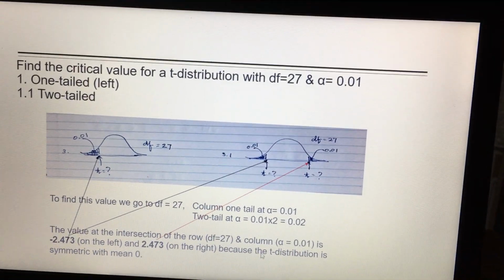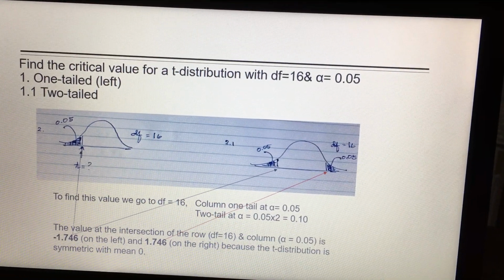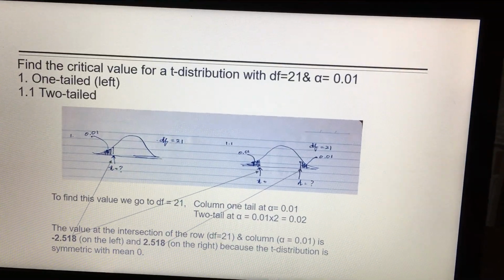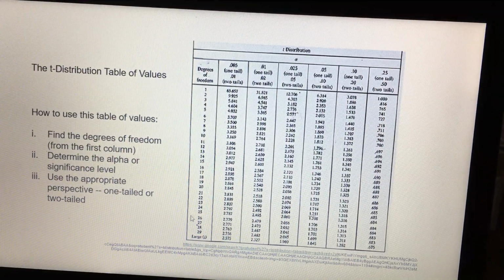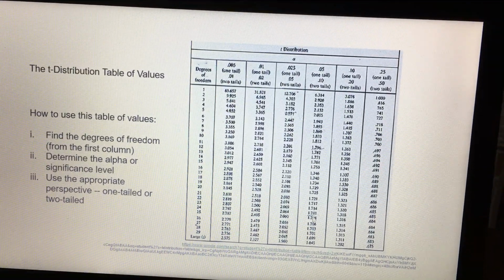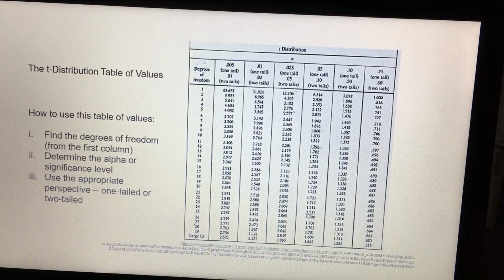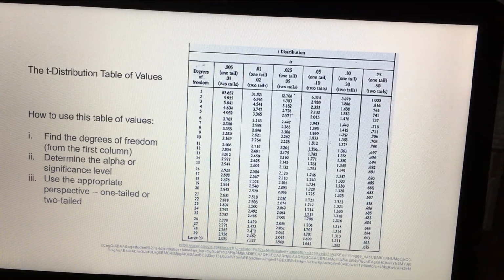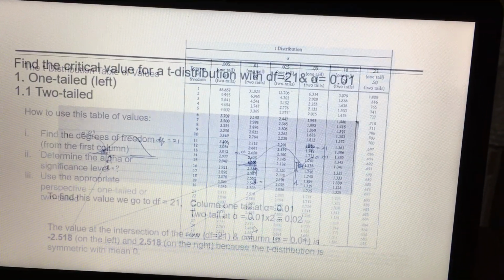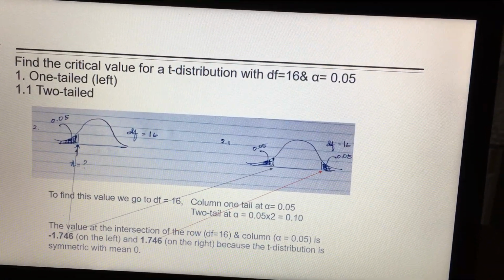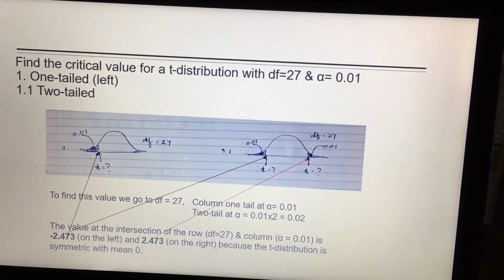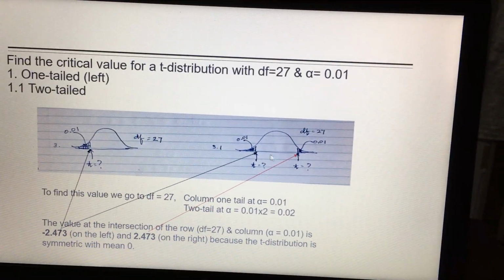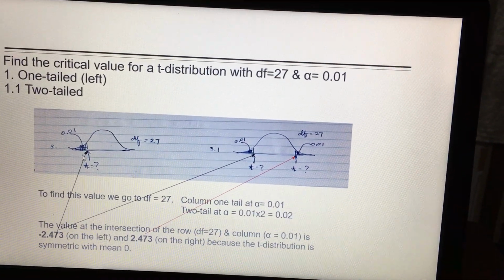We go back to the table that we had used before, and then we look for degrees of freedom equal to 27 and at 0.01, and that gives us a value of 2.473 on the right and negative 2.473 on the left. And that is what we get for example number 3. Positive on the right and negative on the left.